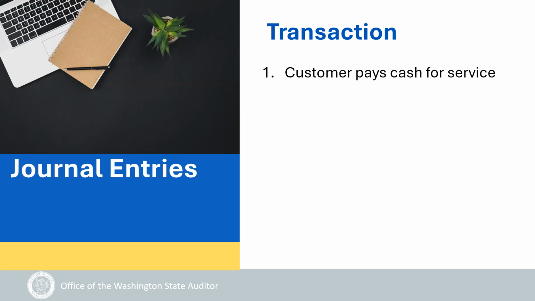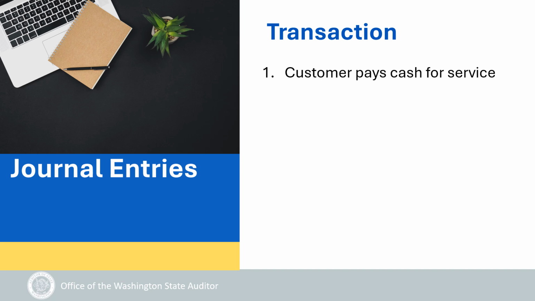The first transaction is a customer paying cash for service. Now we translate this information into a journal entry. Think back to the beginning of this training. We said that we use double entry accounting, which means we know at least 2 accounts will be impacted, and debits must equal credits.